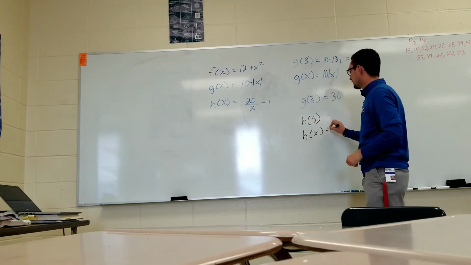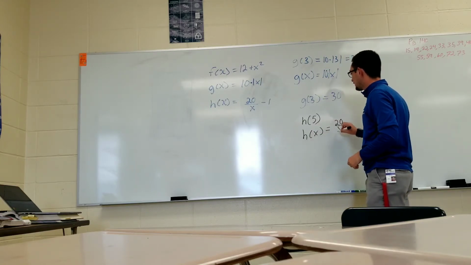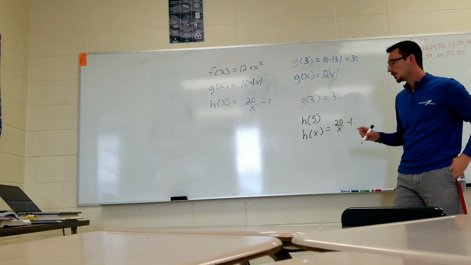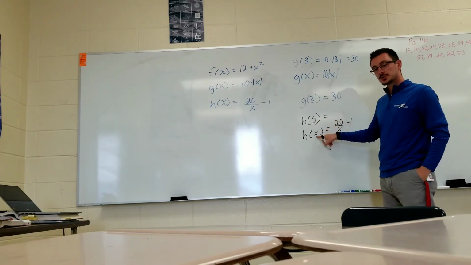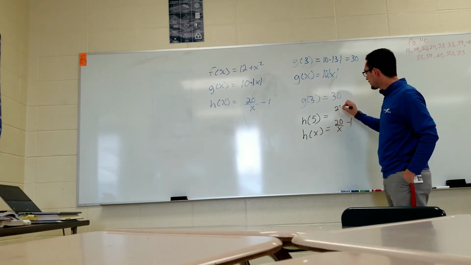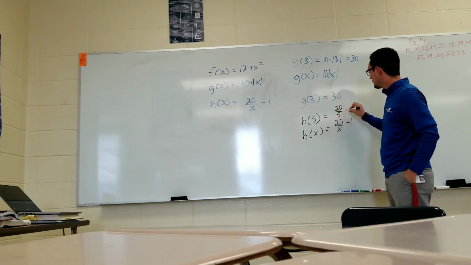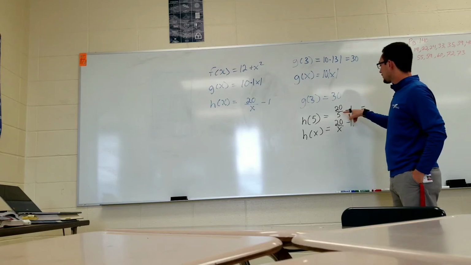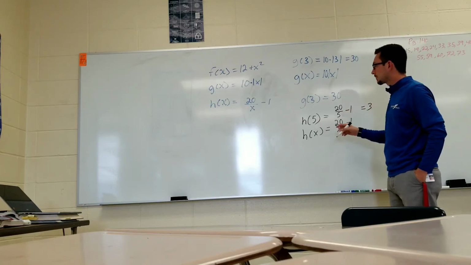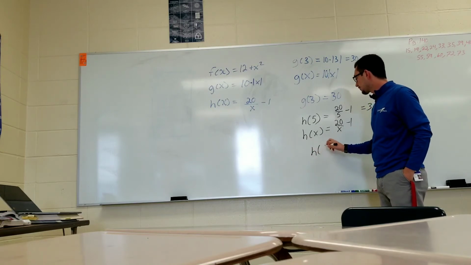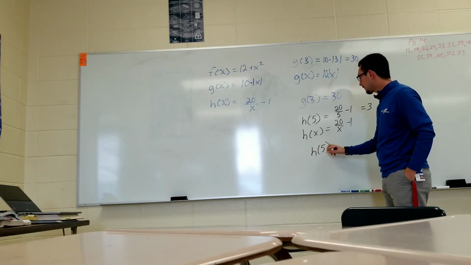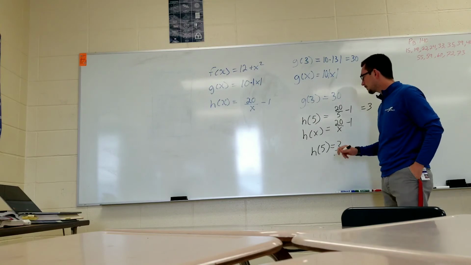Originally, it was h of x equals 20 divided by x minus 1. 5 is the thing that gets plugged in. x is the thing that gets replaced. So 20 divided by 5 minus 1. Well, that's going to give me 4 minus 1 equals 3. So again, I would have not h equals or x equals, but h of 5. That whole thing equals 3.